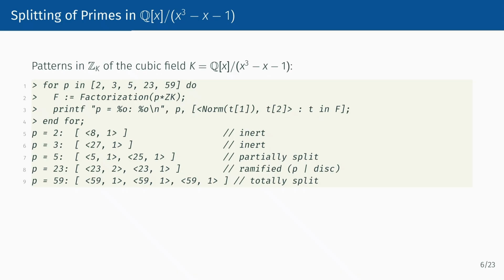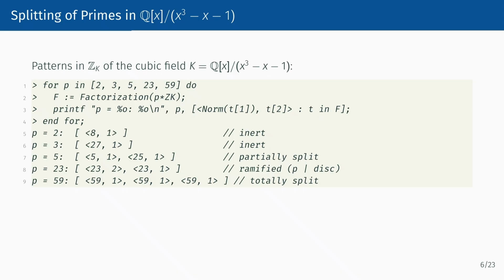Okay. Now, you could ask, well, I told you about this factorization of primes in number fields in general, and you can ask, how do primes factor in this number field? And Magma also allows us to do this.